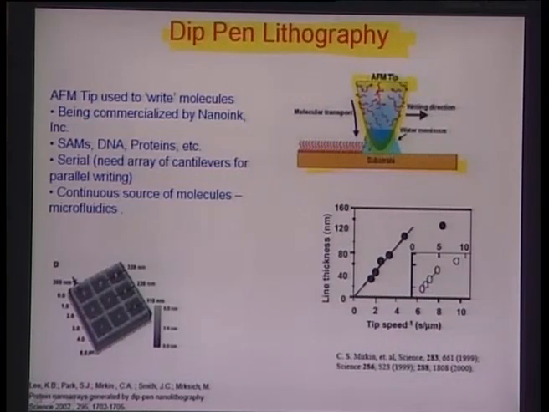What we do is create some favorable temperature and humidity conditions, so that there is a monolayer of water, and we choose the surfaces in a manner that there is a tendency for this water meniscus to adhere more to the AFM tip than the substrate, so you can drag it along with the tip as the tip moves around.